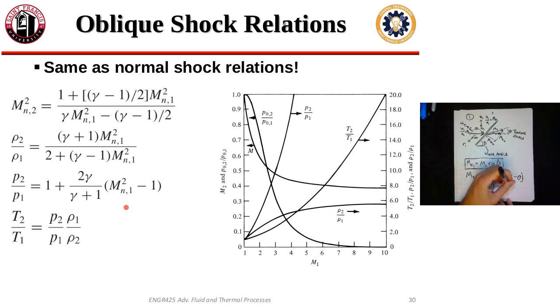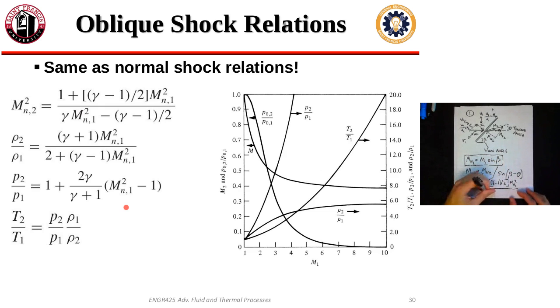You can say gamma minus 1 over 2 times MN1 squared all over gamma MN1 squared minus gamma minus 1 over 2. And that's MN2. That's my normal Mach number after the shock. Bam, done. And I just divide that by sine of beta minus theta, and I get my Mach number after the shock.